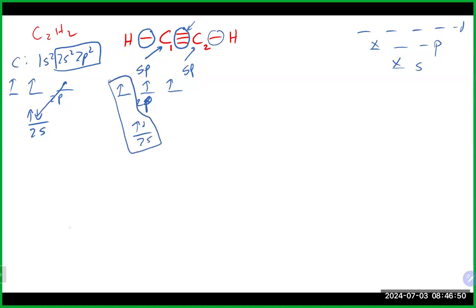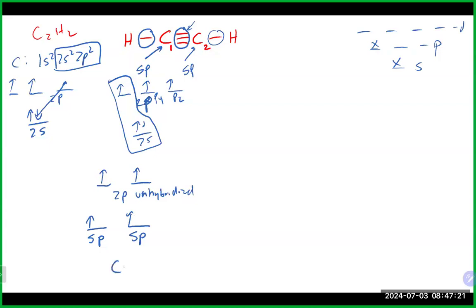And that's going to give us basically for the carbon on the left, 2 sp hybridized orbitals. It will also leave us the py and the pz orbital that is unhybridized. So they will have 2 unhybridized 2p orbitals. And again, in terms of the electrons, we will end up with electron, electron, electron, and electron.